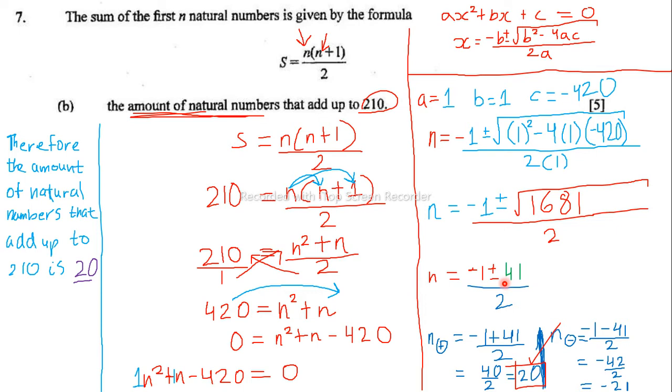Yeah, there might be a way to factorize this thing. We have 20 and 21. Let me see something. 20 times 21. Yeah, okay.